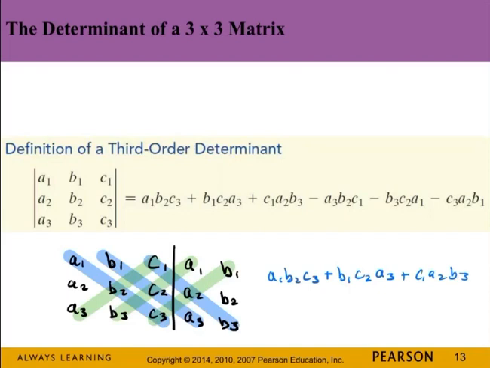And then when we go green, we say minus. So it's minus A3, B2, C1, minus B3, C2, A1, and then minus C3, A2, B1. That long string, right?